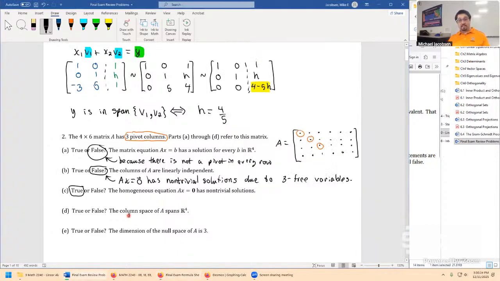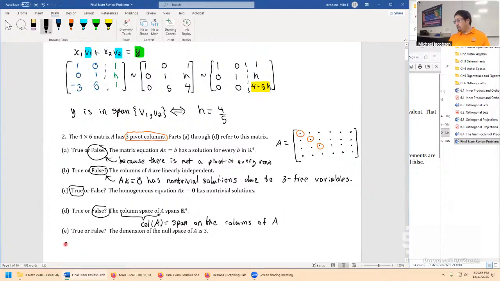Said it really differently, the column space, but that's the same exact concept. The column space of A spanning R^m is just Col A equals the span of the columns of A. So that connects directly with that theorem we've been looking at. And it's false just because part A is false as well.